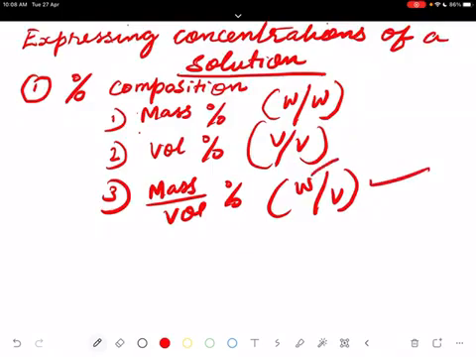That is W, mass of the solute, mass of that medicine, maybe paracetamol or nimulid, in total volume of the solution.